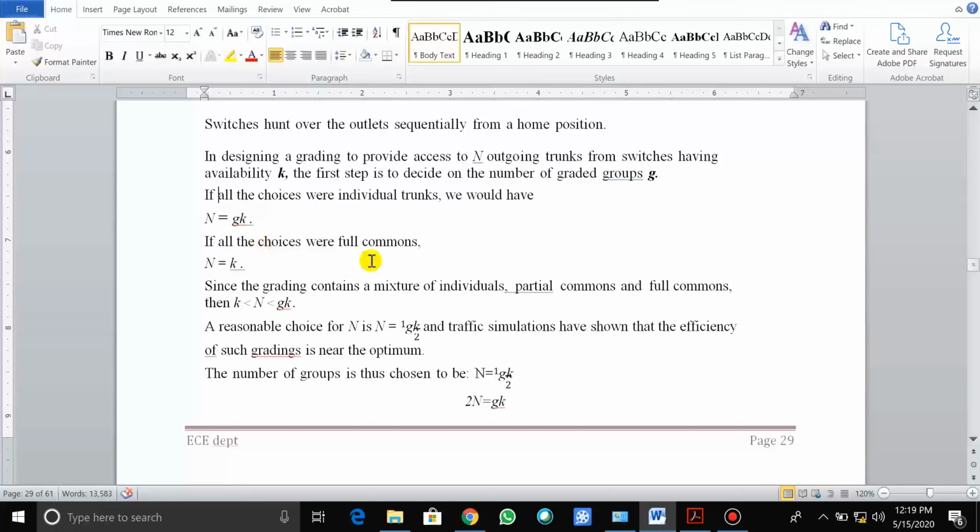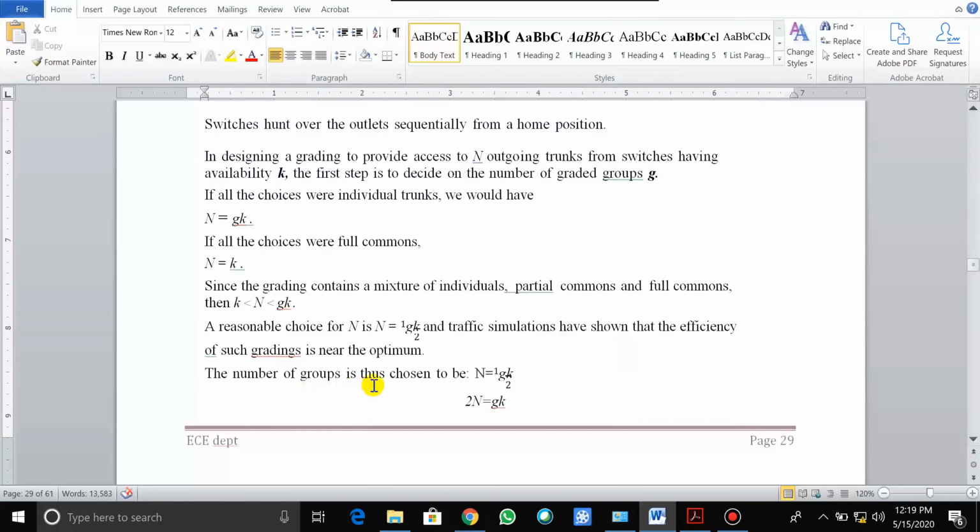If all the choices were fully common, N is equal to K. Since the grading contains a mixture of individual, partial commons and full commons, K is less than N, less than G times K. A reasonable choice for N is equal to 1/2 G times K, and traffic simulations have shown the efficiency of grading is nearly optimum.